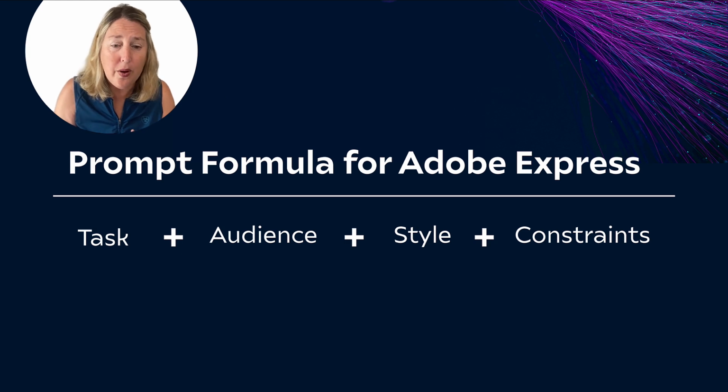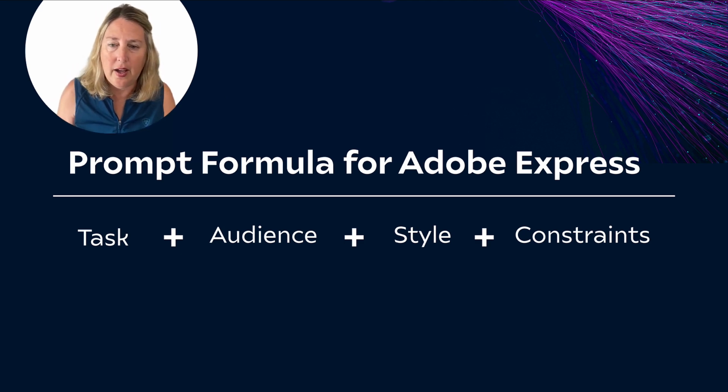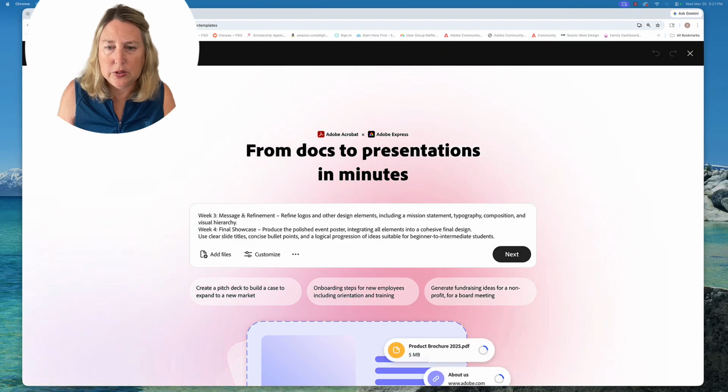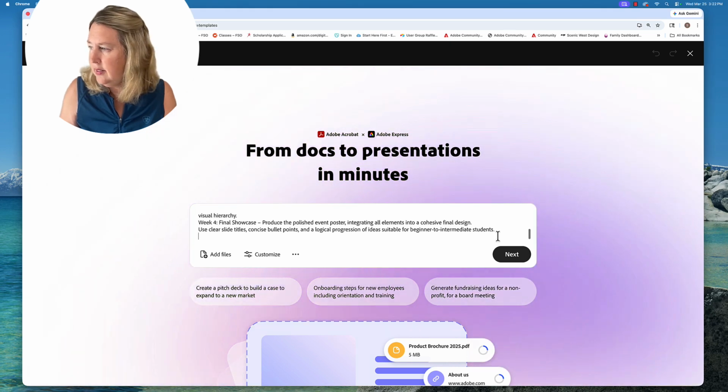But we also want to think about things like style and constraints, like, hey, how many slides should we make? Should we make 100 slides, or should we make 5 to 7 slides, right? So again, I have some information here. I wanted to use clear headlines, concise bullet points, things like that.